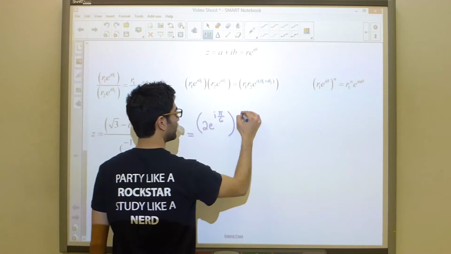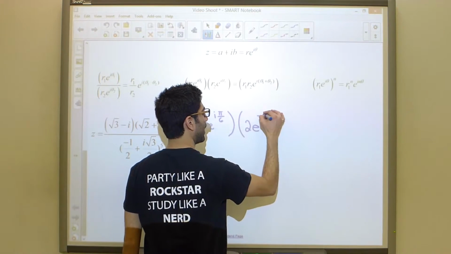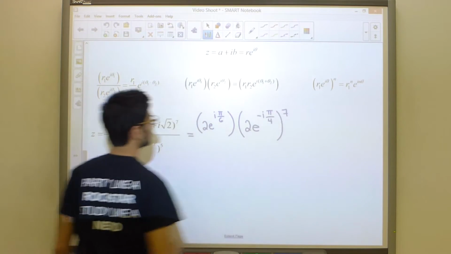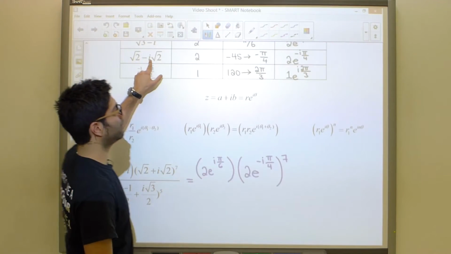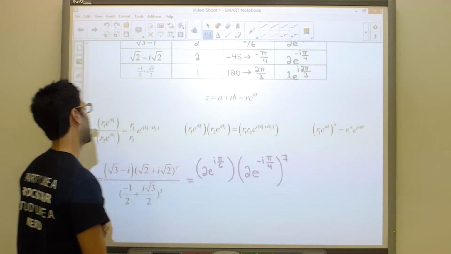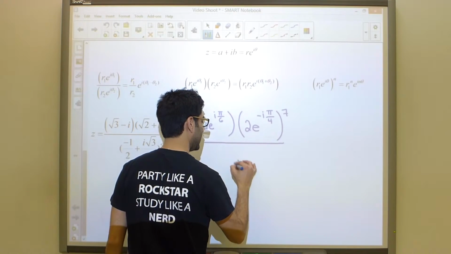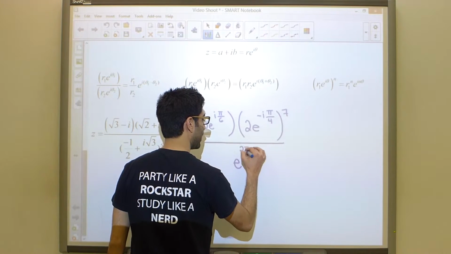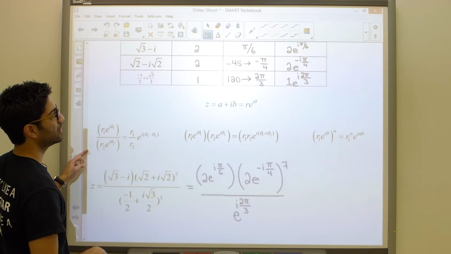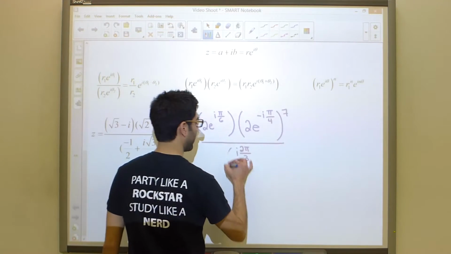The next one was 2e to the negative i pi over 4, and this is raised to the power of 7. Our second term is 2e to the i pi over 4, raised to the 7. And our bottom one is 1, which I don't need to write. So simply e to the 2 pi over 3i, and this is raised to the power of 5.